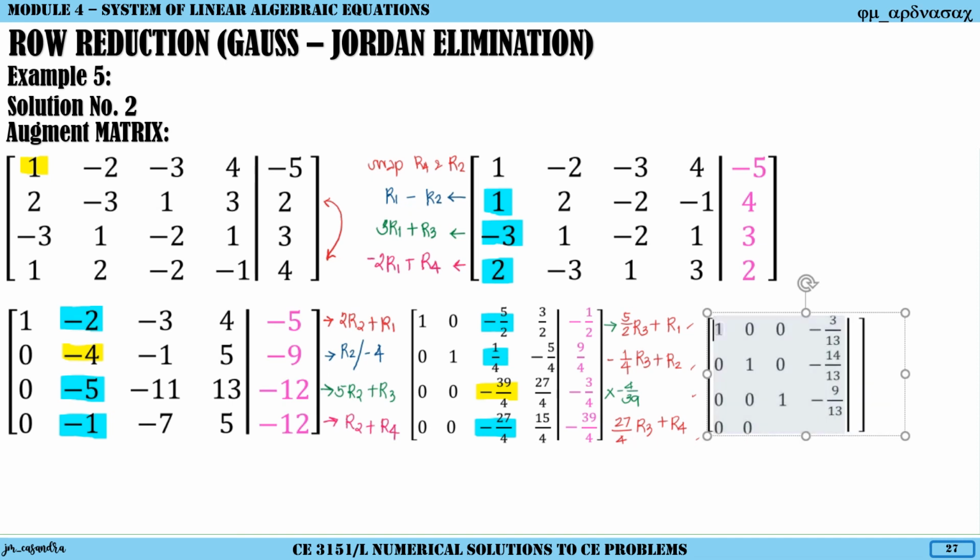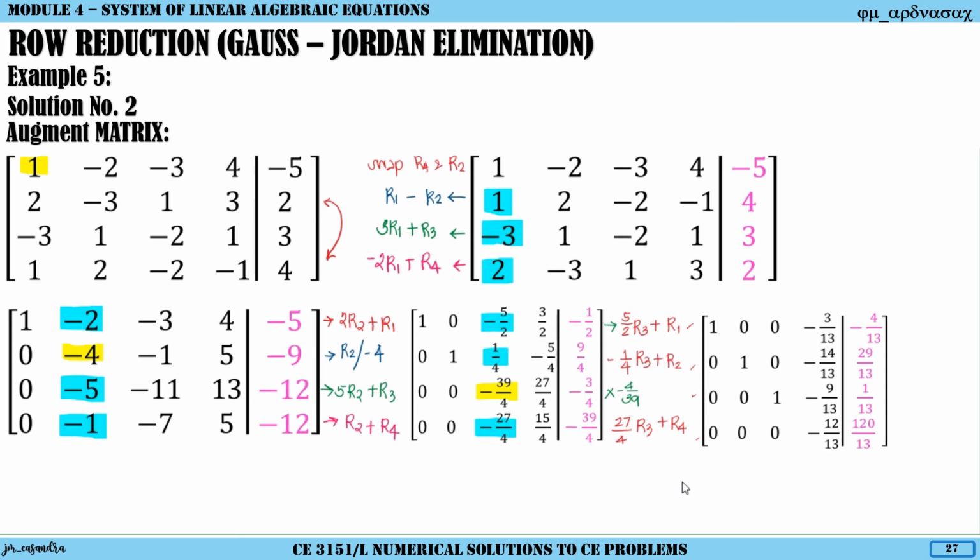This one is 0. This is negative 12 over 13. Then for our constants, we have negative 4 divided by 13, 29 over 13, 1 over 13, and negative 120 divided by 13. So this is now our simplified matrix.